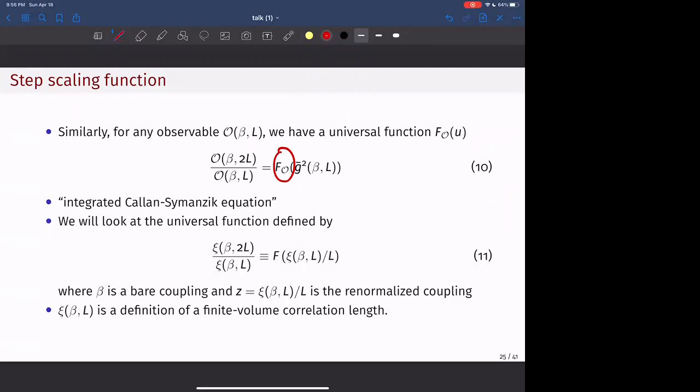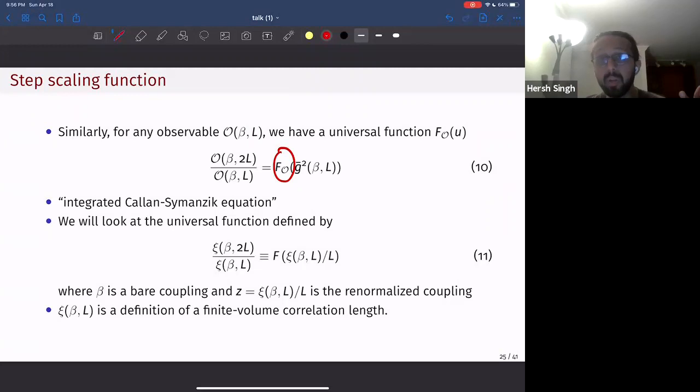In this picture, one way to think of what's happening is the Kadanoff blocking picture. Even though the local Hilbert space is small, you can do this block spinning procedure and construct blocks of larger and larger chunks.